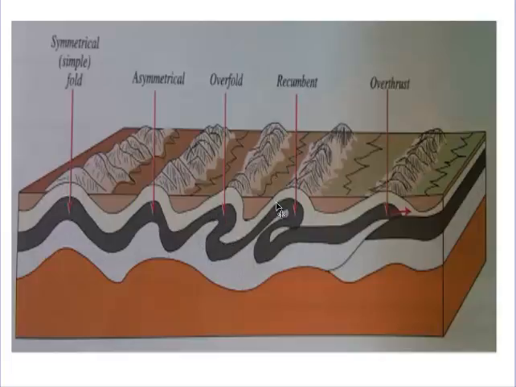And we have the recumbent fold, where the anticline is directly on the syncline. Then finally we have the overthrust, where the anticline is forced to break away from the syncline. So these are the types of folds. Copy it into your notebook and let's continue.